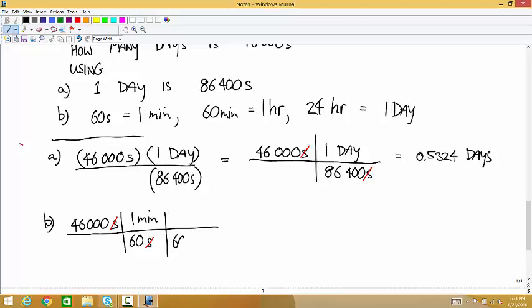So 60 minutes, 1 hour, and then those cancel, and if we multiplied out these numbers, we'd have that original amount of time represented in hours. And then the last one, 24 hours over 1 day, or 1 day over 24 hours. Where do we want the hours? Bottom.